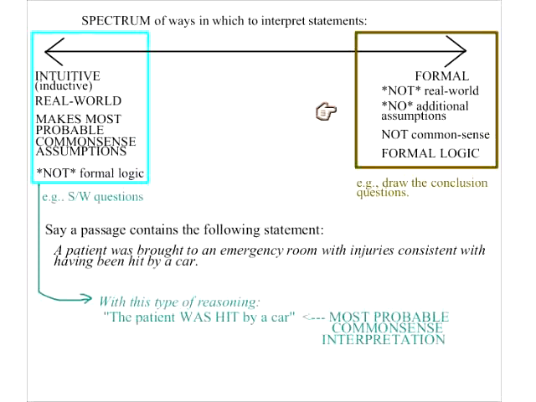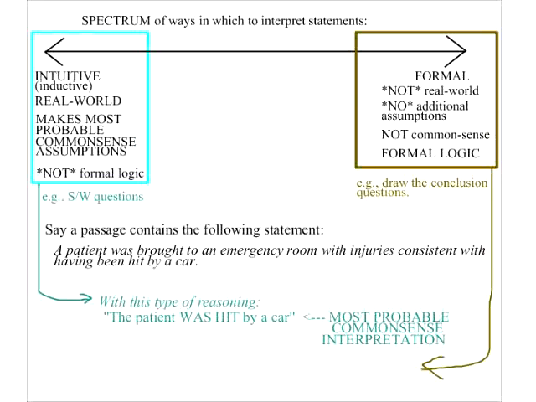Consistent injuries by itself doesn't mean anything. It's injuries that are consistent with this, meaning injuries that are the type you would have if you had been hit by a car. So if you saw this in a draw the conclusion question, it would be totally different.